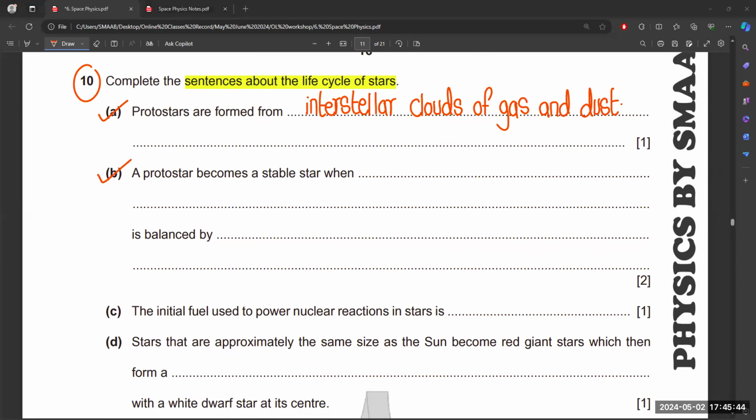And a protostar becomes a stable star when two forces are equal and opposite, like the force of gravity.